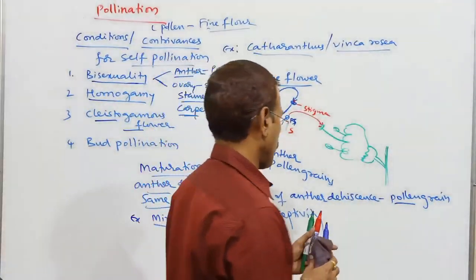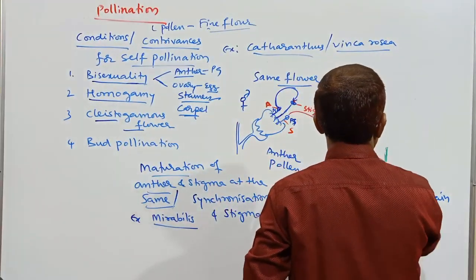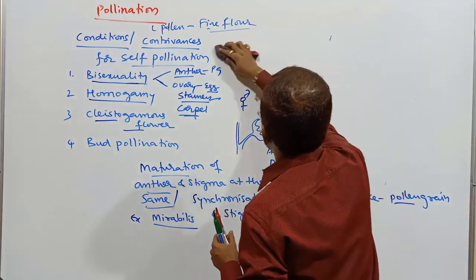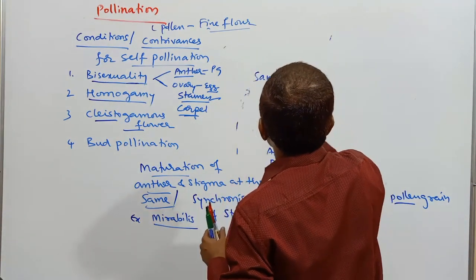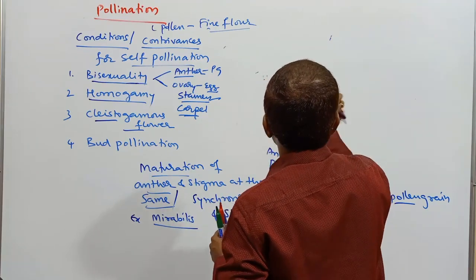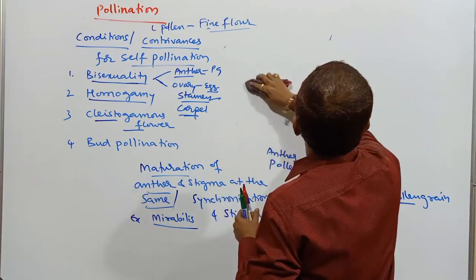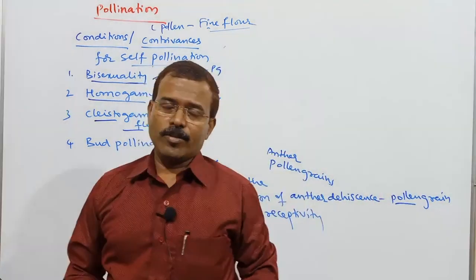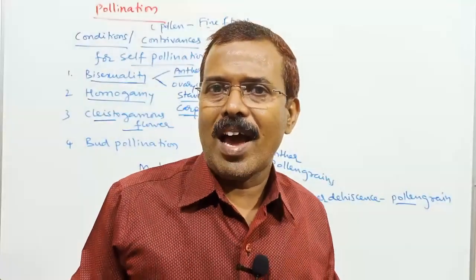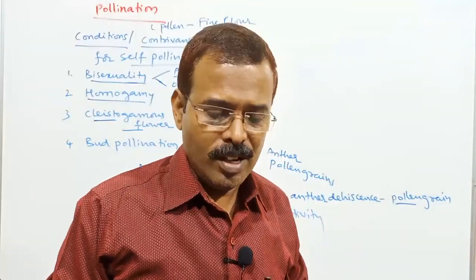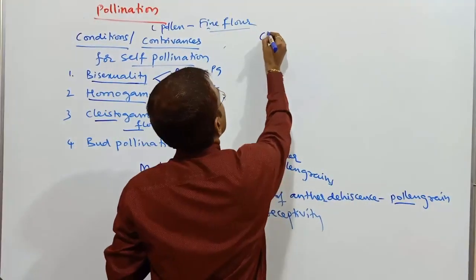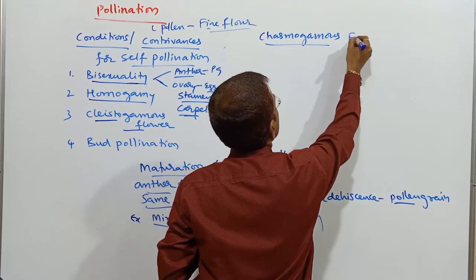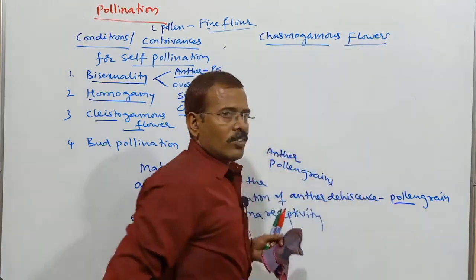The next, clistogamous flowers. Listen. Usually in flowering plants, the normal flowers which are produced in the aerial parts of the plant are chasmogamous flowers.